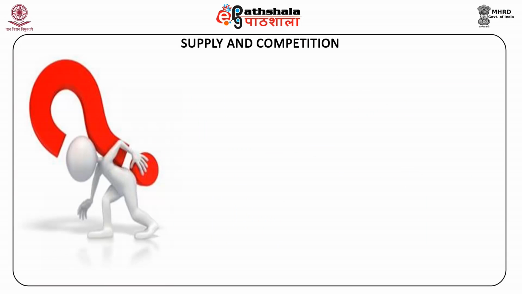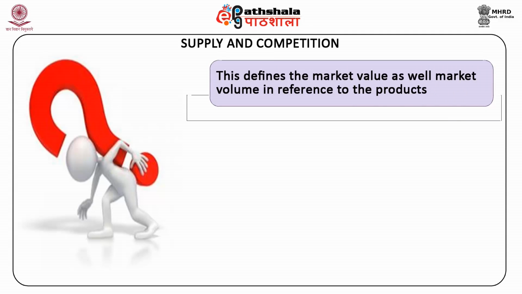Next is the supply and competition. This defines the market value as well as market volume in reference to the products offered in a market, to be derived from the chosen project where it is implemented. It is proven in the market that supply creates competition and competition affects supply in a market.